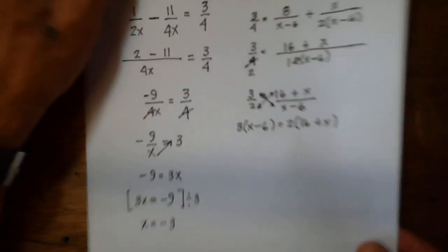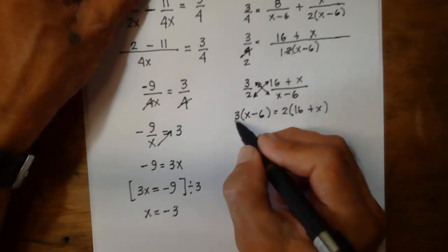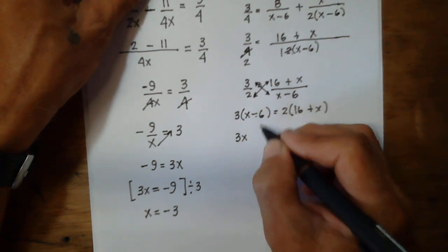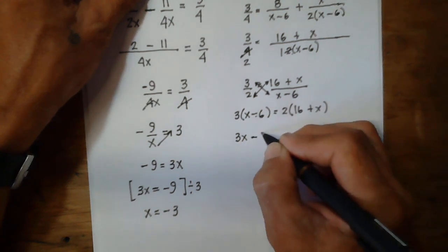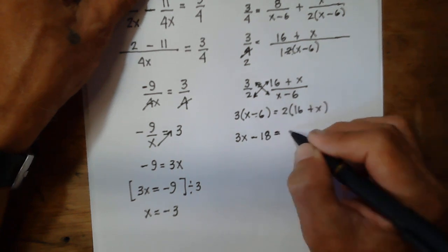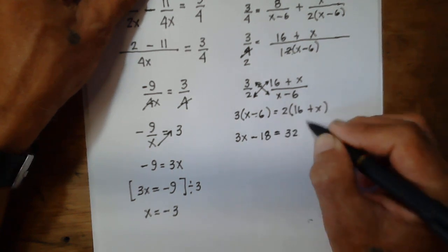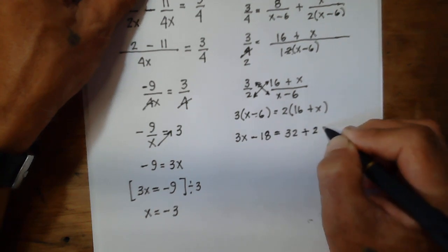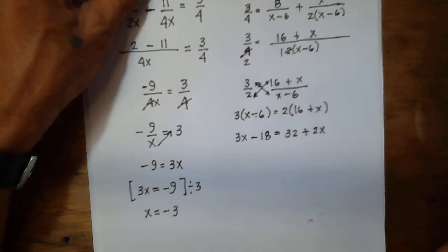Okay? So 3 times x, we have 3x. 3 times negative 6, we have a negative 18. 2 times 16, we have a positive 32. 2 times x, we have a positive 2x.